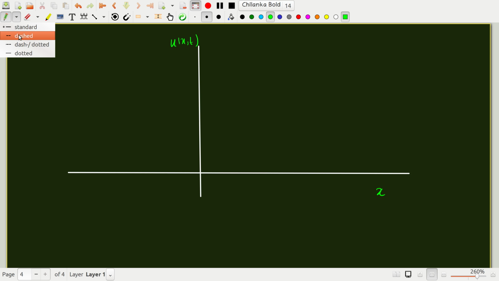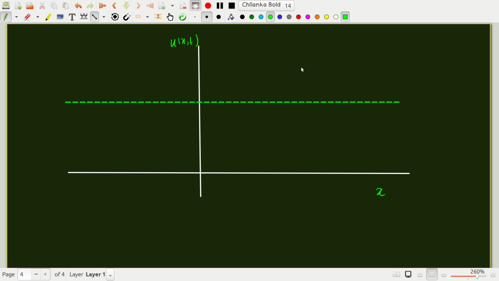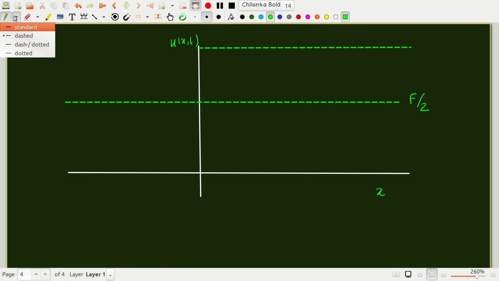Let's call this f by 2, and let's call this f.